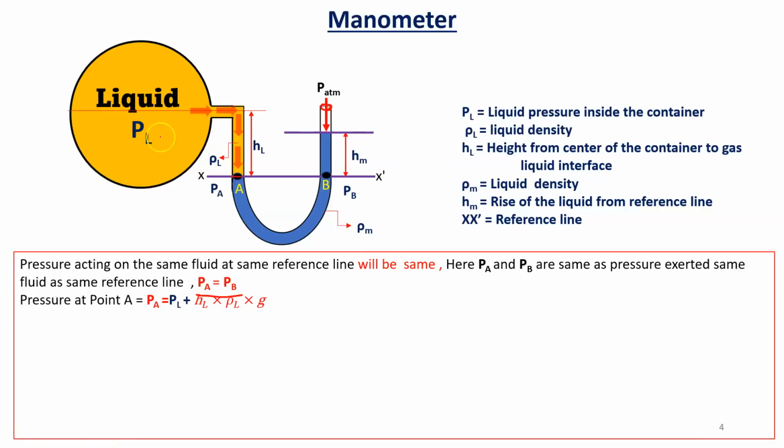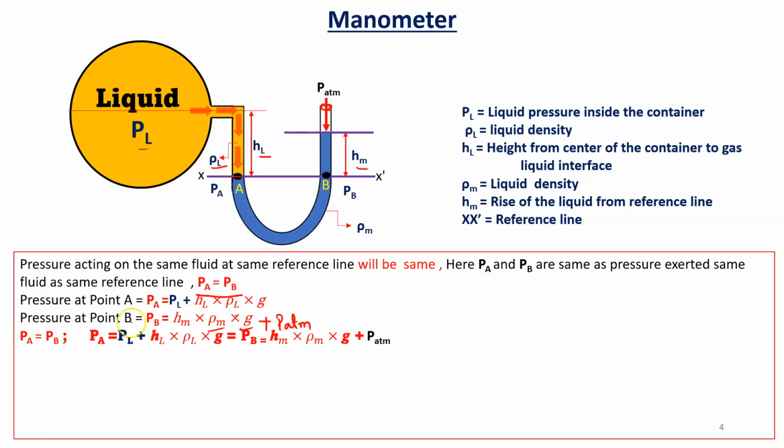PA is nothing but PL plus hL rho L into g, and PB is nothing but hM into rho M into g plus, obviously, P atm. And we know that pressure acting on the same fluid at the same reference line will be the same.